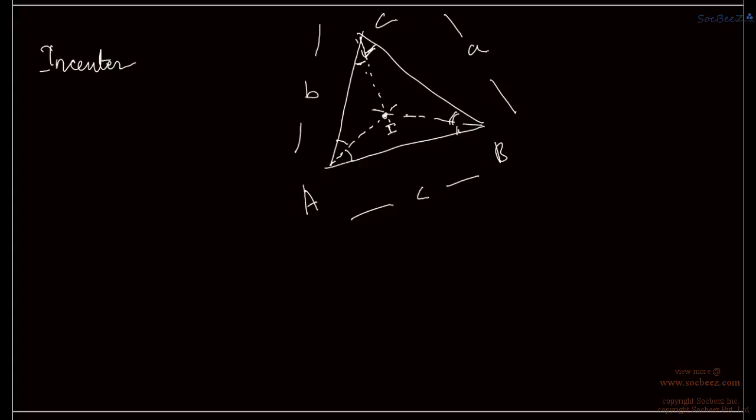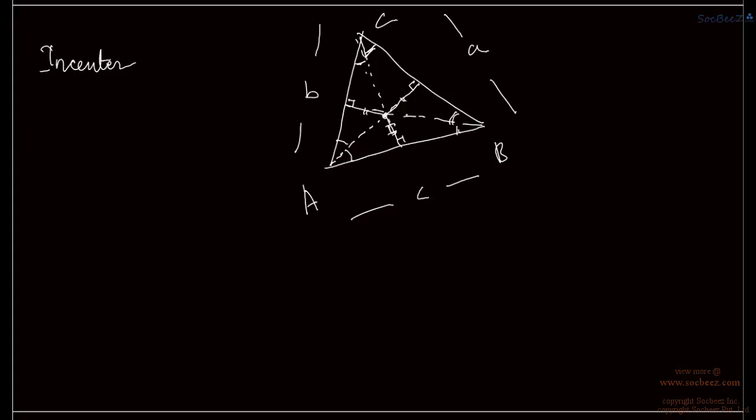This incenter has a very unique property: its distances from all three sides are equal. That is, if we draw perpendiculars to all three sides from this point, the incenter, then the lengths of the perpendiculars are equal.